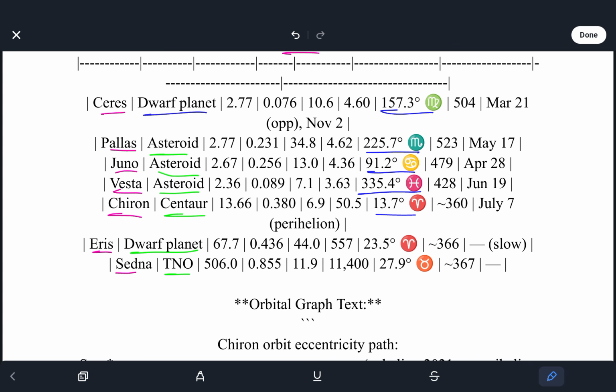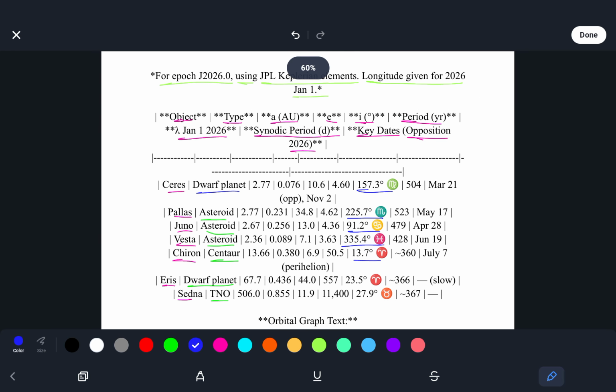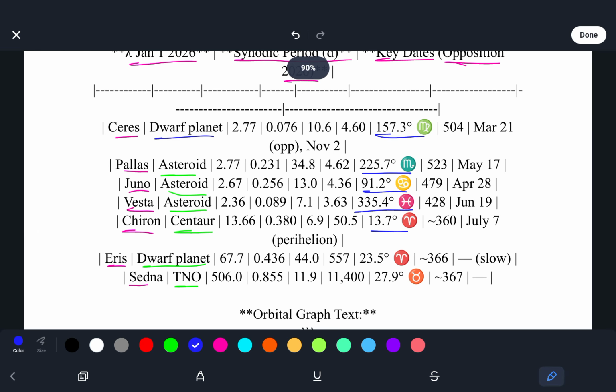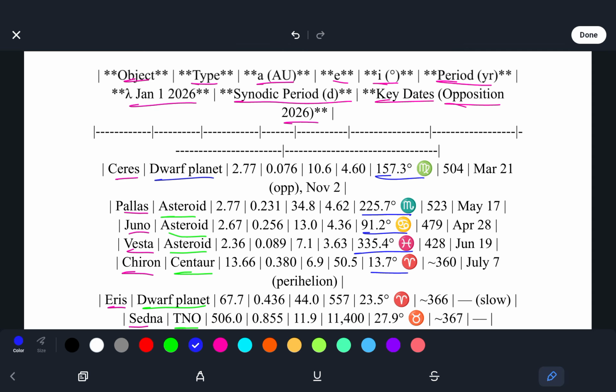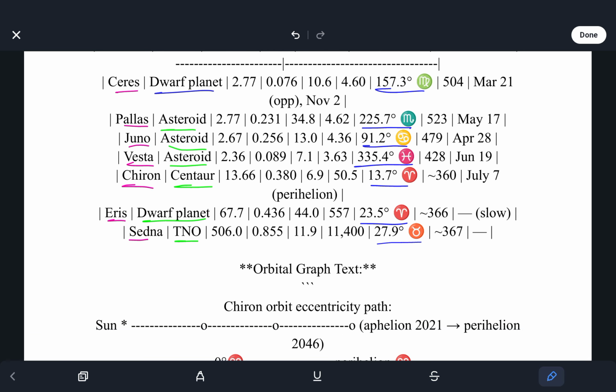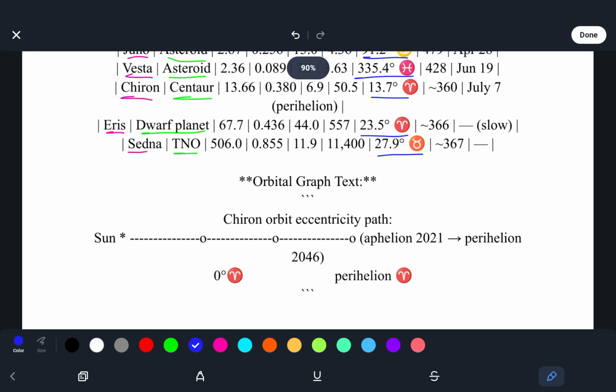Chiron is 13.7 degrees Aries, and these are specifically what we need to know in regards to these asteroids. As well as Eris, 23.5 degrees Aries, Sedna, 27.9 degrees Taurus.